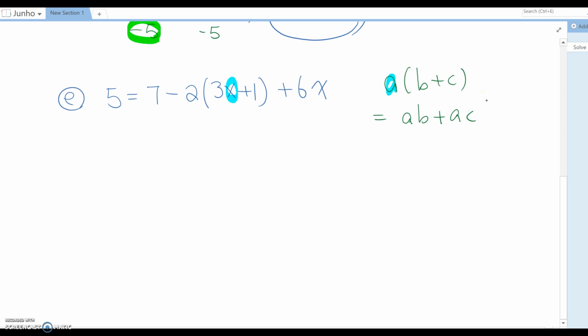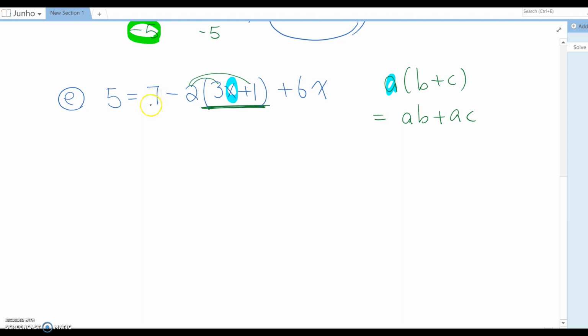Okay? So now, let's follow PEMDAS. Since these parentheses include an unknown value, we use the distributive property first.